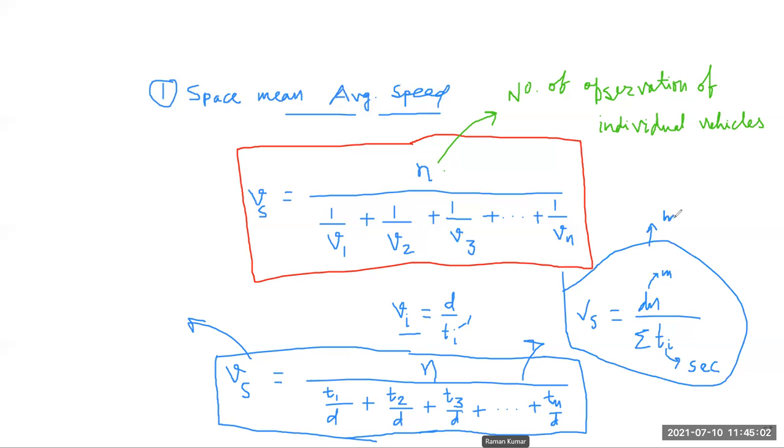If we make some modification in this formula also, we write Vs is equal to 3.6 times dn divided by the summation of ti. This is the last formula.